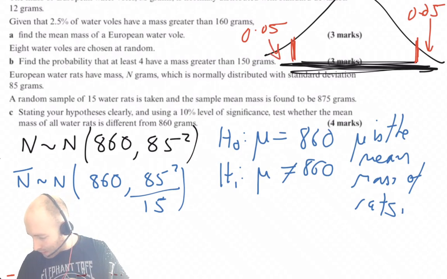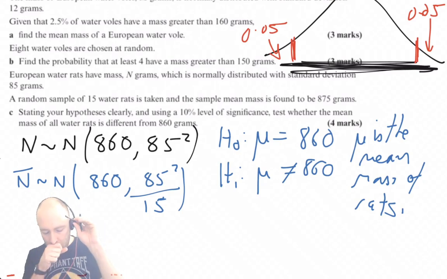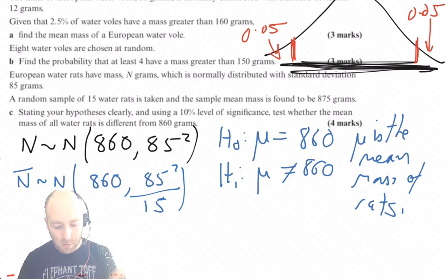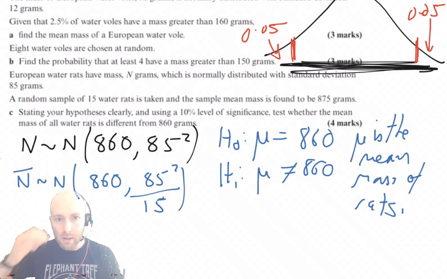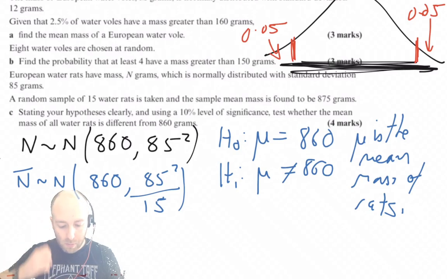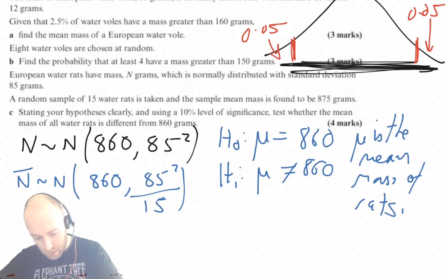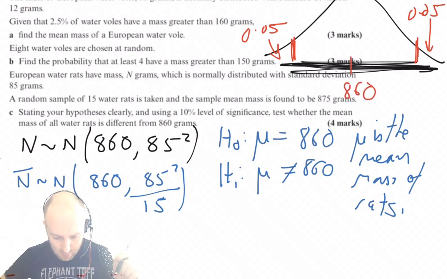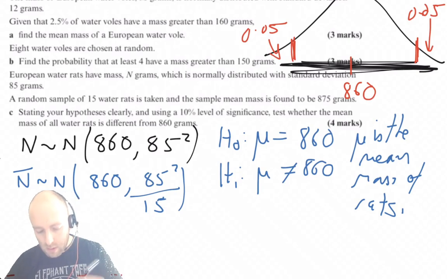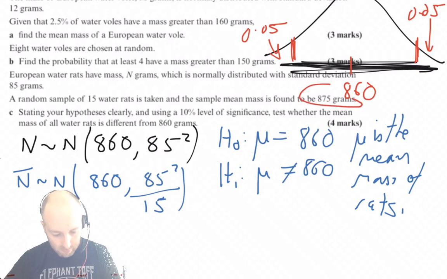And we're going to do that again by finding which values those correspond to. So if we bring up the calculator, we're going to type in 0.05, put in our mu as 860, find the two values either side, and then see if our test statistic, which was 875, is in the critical region.